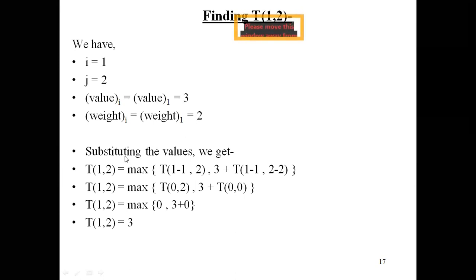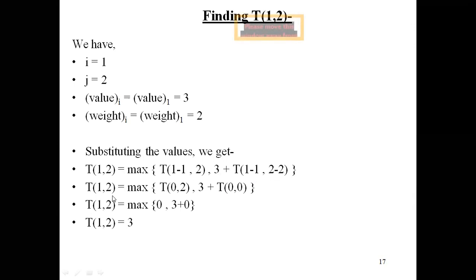Okay. Now substituting the values, we get T of 1 comma 2 is equal to maximum of T of 1 minus 1 comma 2, comma 3 plus, according to our formula, T of 1 minus 1 comma 2 minus 2.